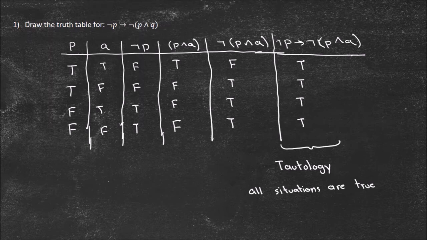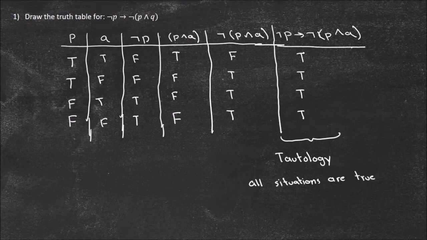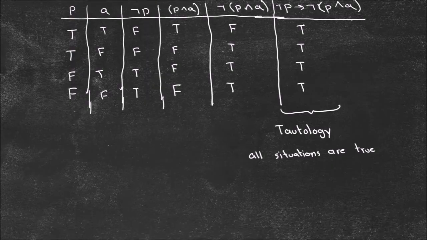For P and Q, I know the only situation where that's going to be true is if P and Q are both true, but I have not P and Q. So that means that one of those two isn't true, and if not P is true, then that implies that the rest is not going to be true. So you can kind of use logic to reason why that's going to be the case. So that's going to be true all the time. There's not going to be evidence against it there. So that's a tautology.